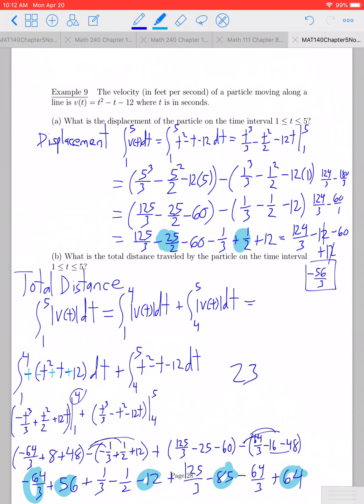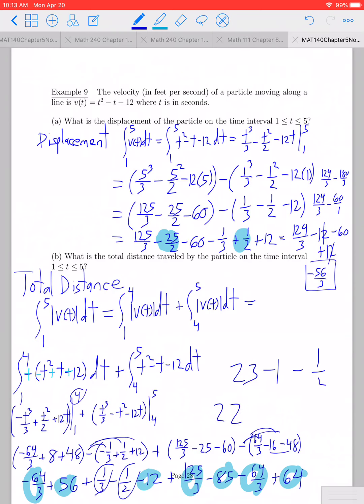We have negative 64 thirds and another negative 64 thirds. That would give us a negative 128 thirds. Negative 128 thirds plus a positive 125 thirds will give us negative 3 thirds, or just negative 1. And then we have this one extra term of just minus 1/2.